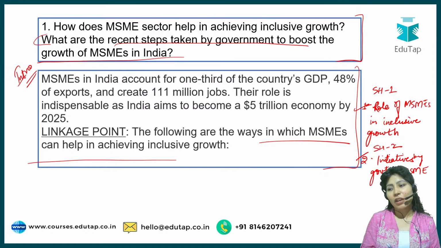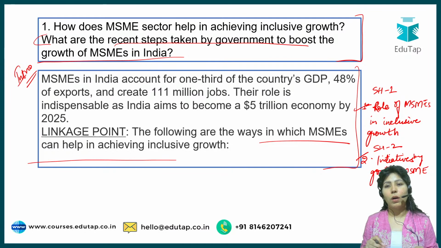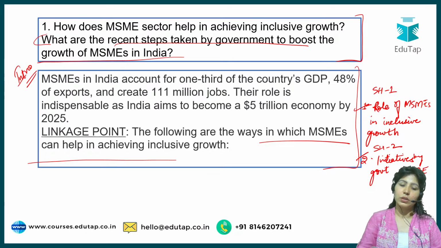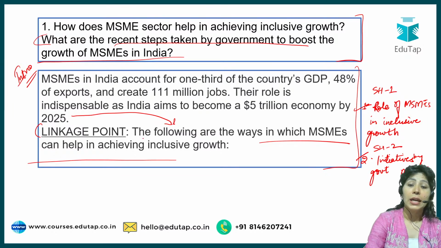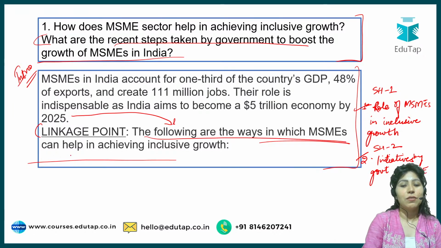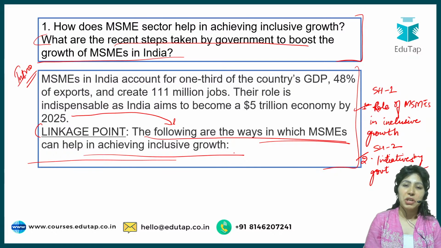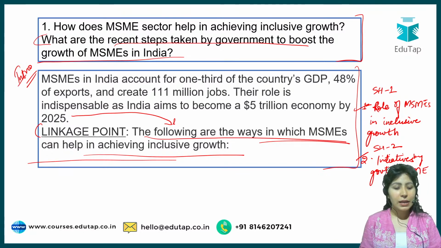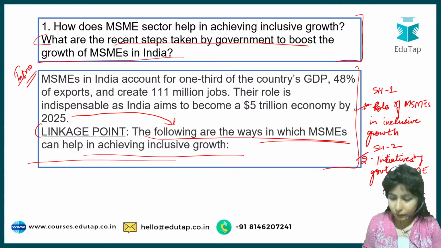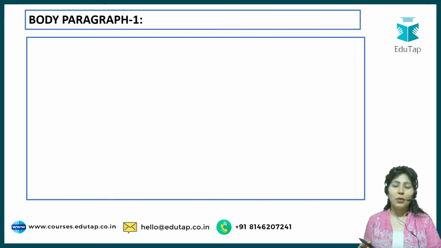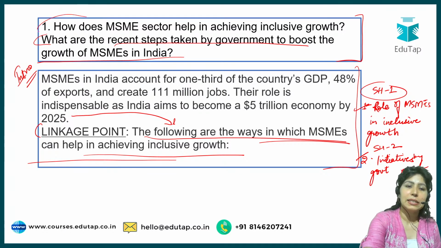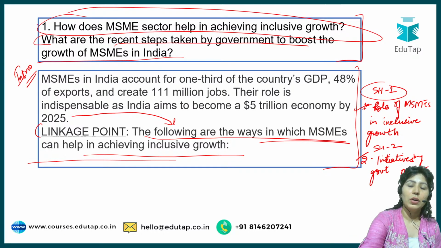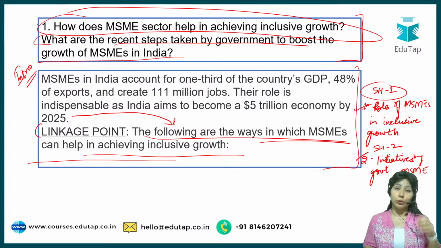In subheading 1, we'll be writing about the role of MSMEs in inclusive growth. So as you can see, this is the linkage point. This is the last line of our introduction, that the following are the ways in which MSMEs can help in achieving inclusive growth. Now let's write our body paragraph, and we'll be addressing subheading 1, that is this part of the question: how does MSME sector help in achieving inclusive growth?